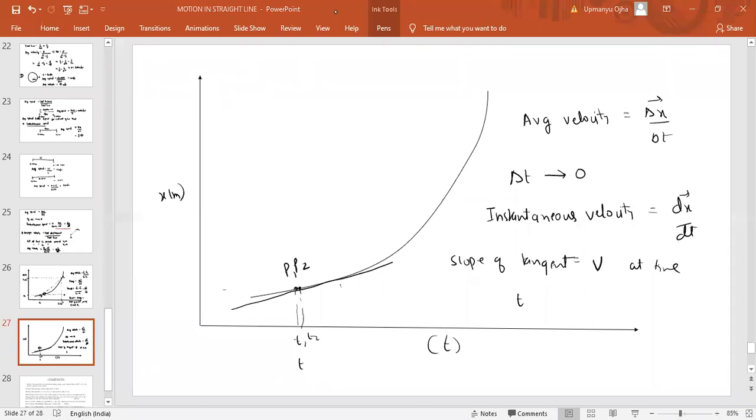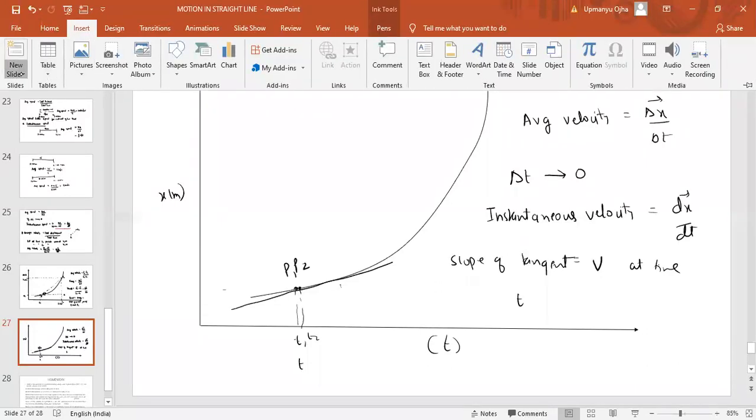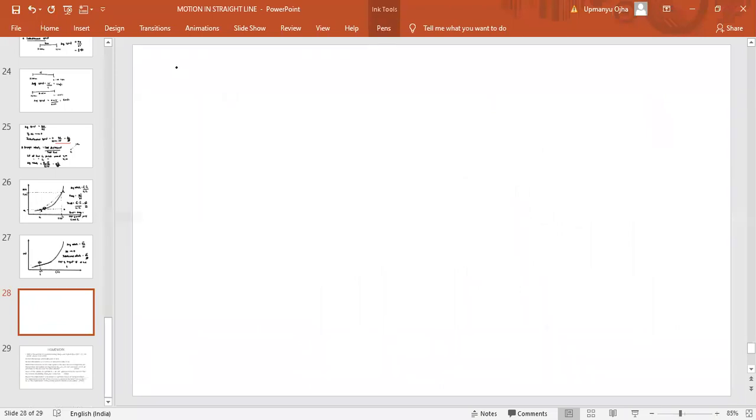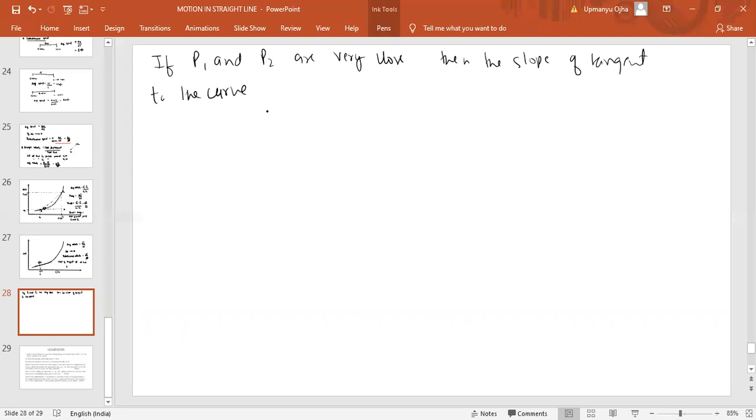Okay, fine. So you can write a note here that if P1 and P2 are very close, then the slope of the tangent to the curve will become the instantaneous velocity at that instant of time.